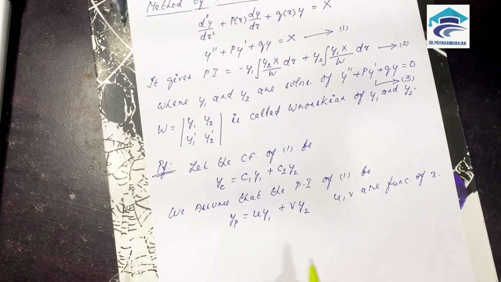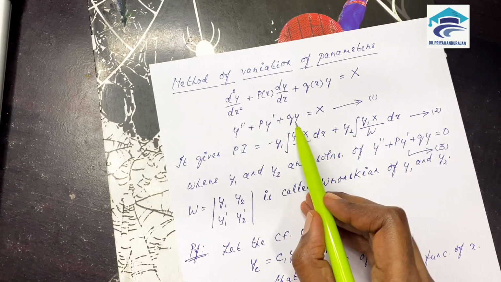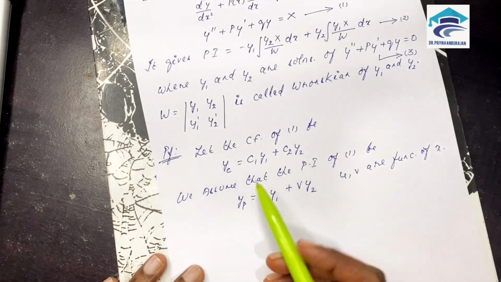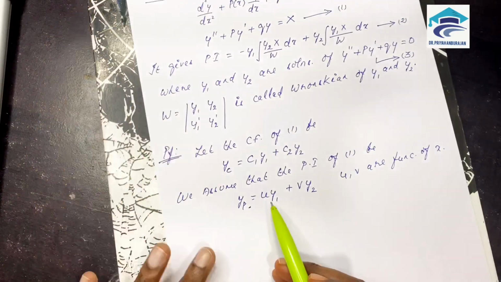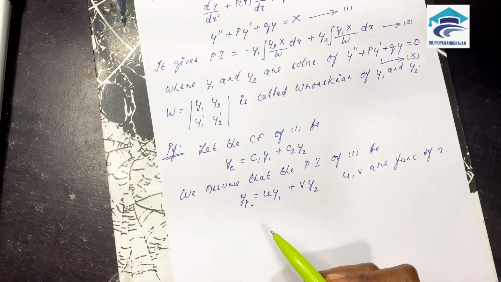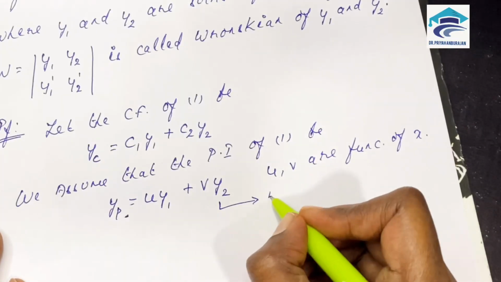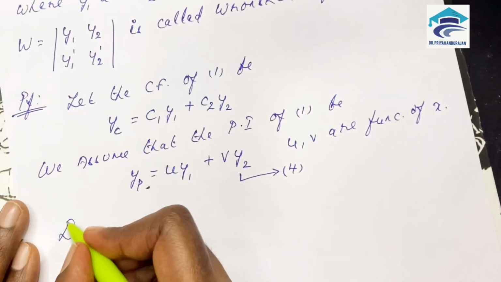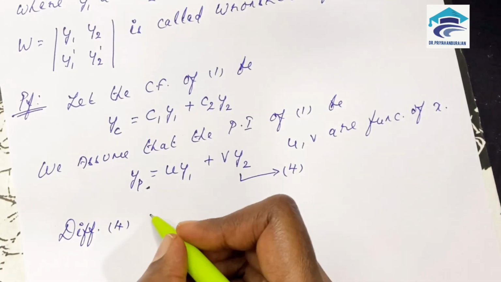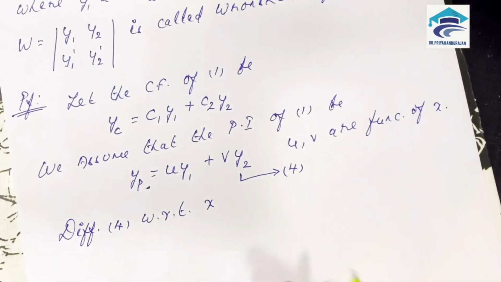So in order to find the solution, if you notice this equation, we need y, y dash and y double dash. If we consider y as u y1 plus v y2, I need y dash and y double dash. So let me differentiate this equation. Let me consider this as 4. Now let me differentiate equation 4 with respect to x.